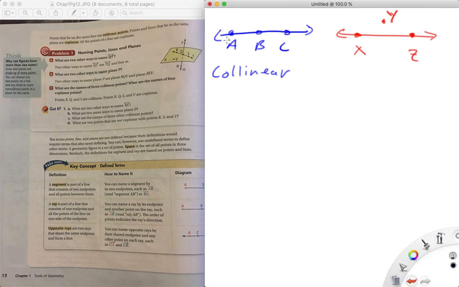Points A, B, and C are all on the same line, so they are collinear. While X, Y, Z would be non-collinear, because X, Y, and Z are not all 3 on the same line. So collinear and non-collinear. We also have coplanar and non-coplanar. So I'm going to draw a plane.